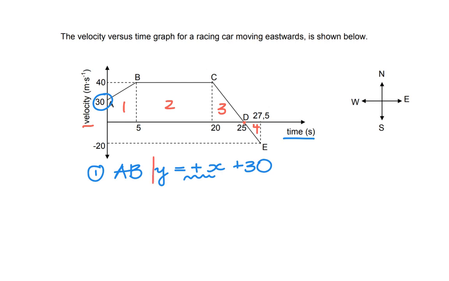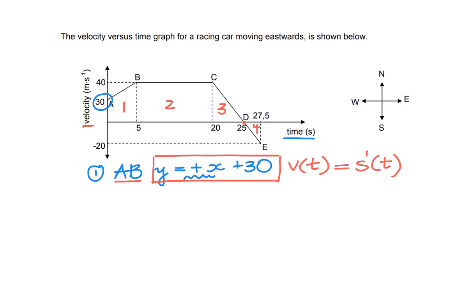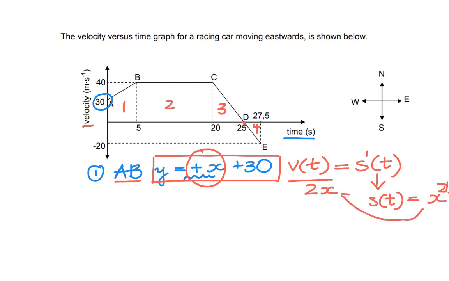So if this is more or less an equation of velocity with respect to time for the section AB, and you know that the velocity is a derivative of distance, then the only time that you can get a positive 2x as you differentiate is if your displacement, the function s of t, was positive x squared, because positive x squared will give me a derivative of 2x.